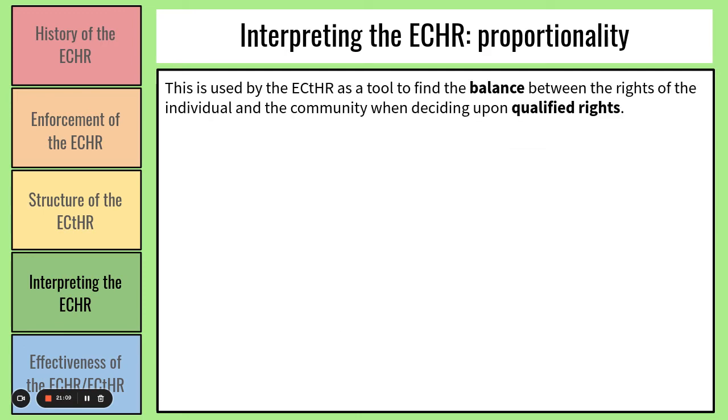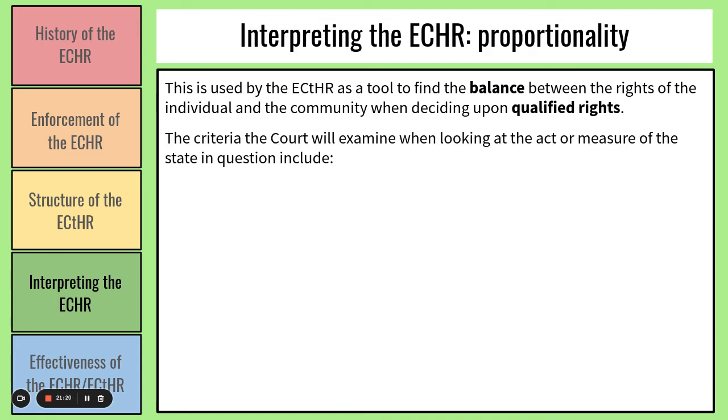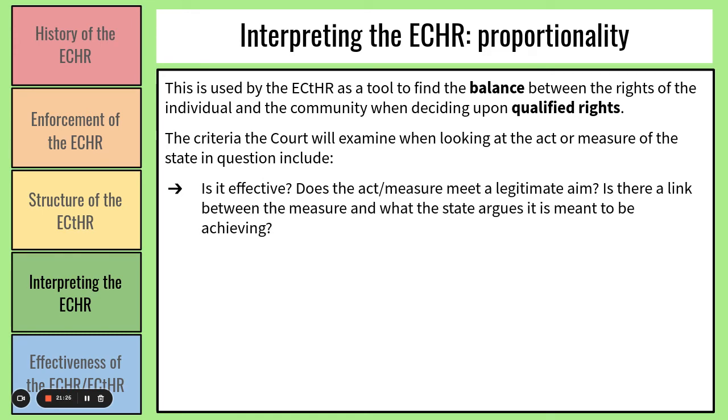Proportionality then. So this is a tool used to find the balance between the rights of individuals and the community, once again deciding upon qualified rights. So the criteria the court will examine when looking at the act or measure of the state in question include: is it effective, so does the act meet a legitimate aim? Is there a link between the interference and what the state argues it's meant to be achieving?